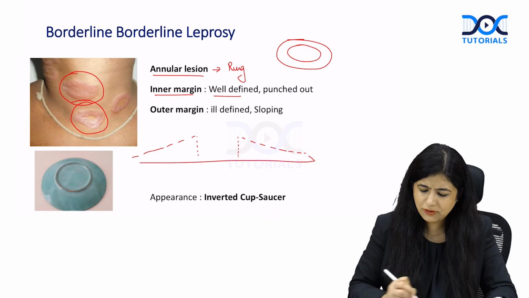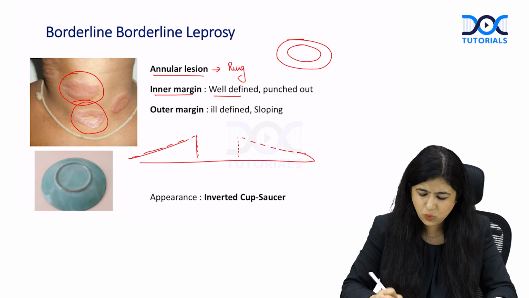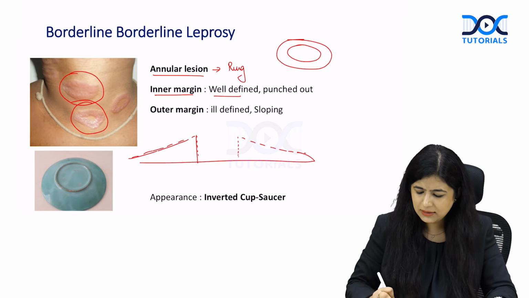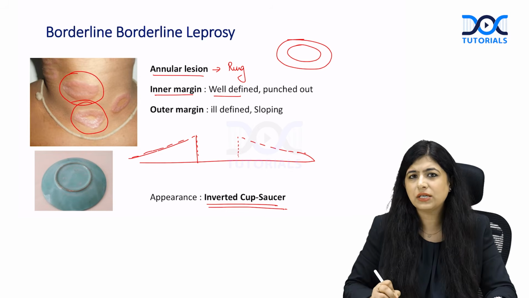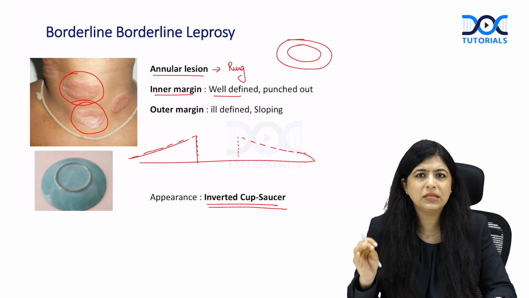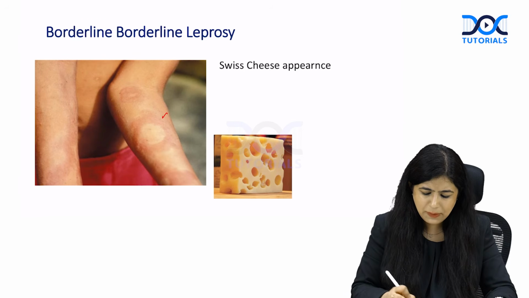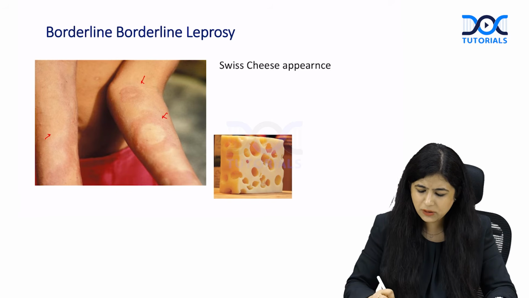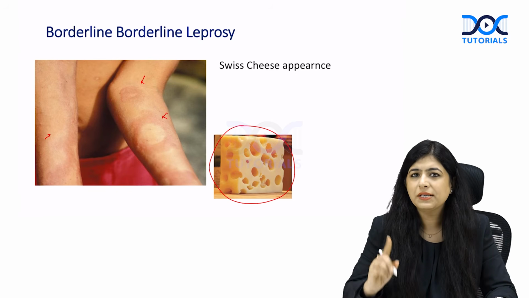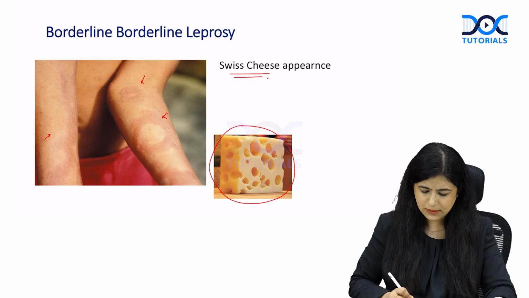So when you look at the lesion from the side, this is how it looks. A sloping outer margin, well-defined inner margin. This gives the appearance of an inverted cup saucer. That is why lesions of BB leprosy are called as inverted cup saucer appearance. Now, because of these multiple annular lesions over the body, it also gives the appearance of a Swiss cheese. So another named finding here is Swiss cheese appearance.